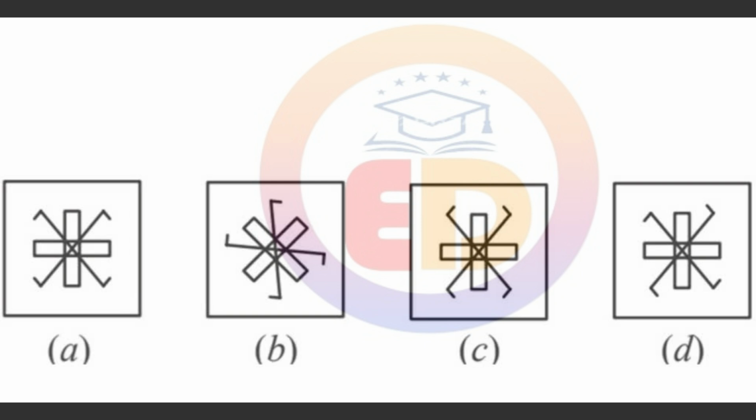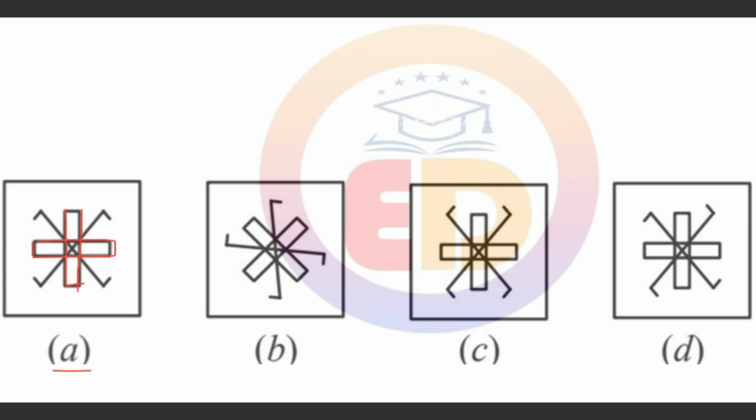In this question, if you look at the first figure, I can see there are two rectangles. One is a horizontal rectangle and the second is a vertical rectangle.